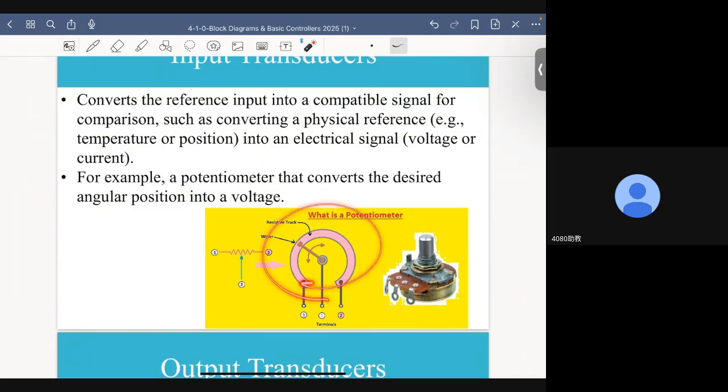That is an angular position, and you need a pre-designed calibration scheme to convert different angular positions into different levels of voltage, such that voltage can be used to drive the motor of the fan, all right?